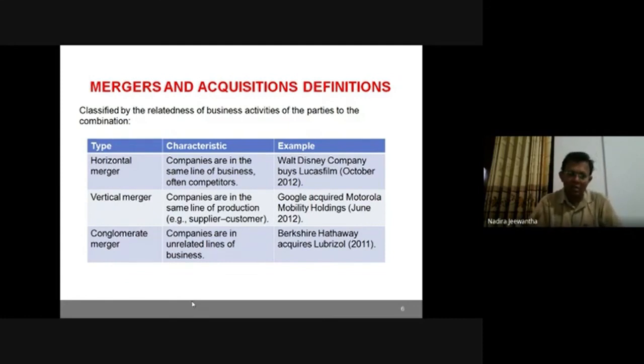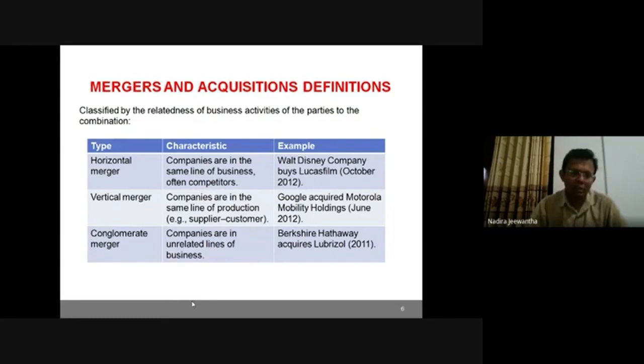So when you get together and merge, this is beneficial for the existing companies as well. So understand the reasons for merger, and also understand horizontal and vertical.